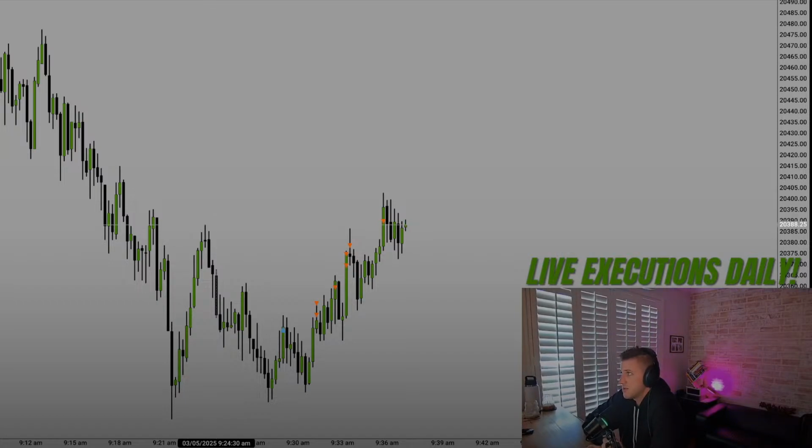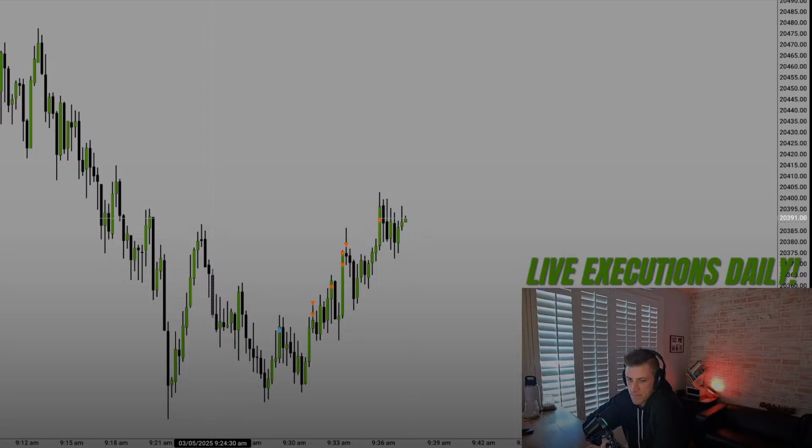Two longs today, both versus 315. I like to trade levels of interest usually. Like those A plus ops, A plus trades.